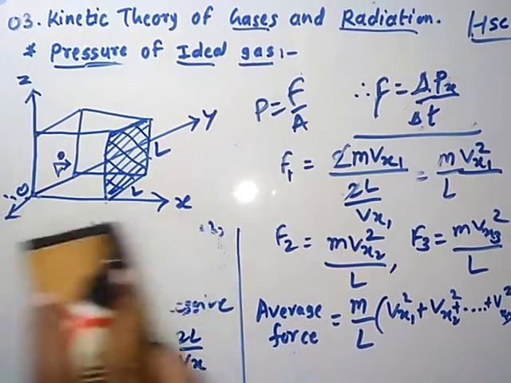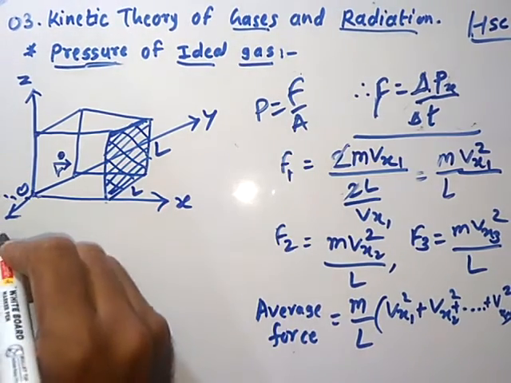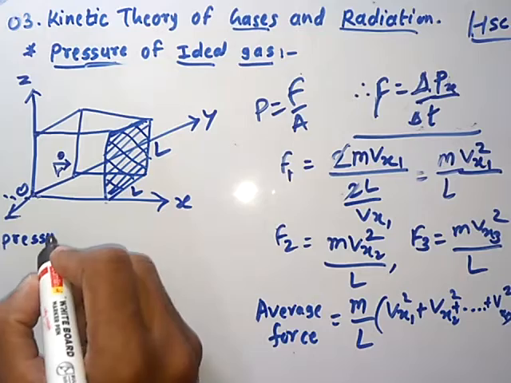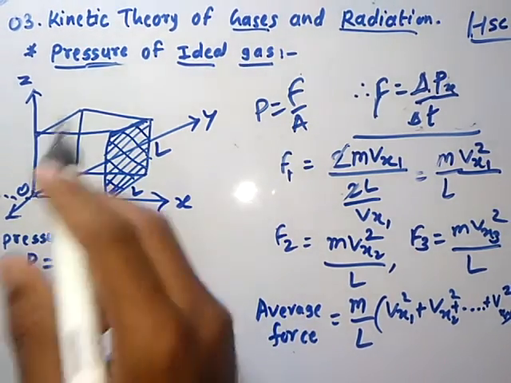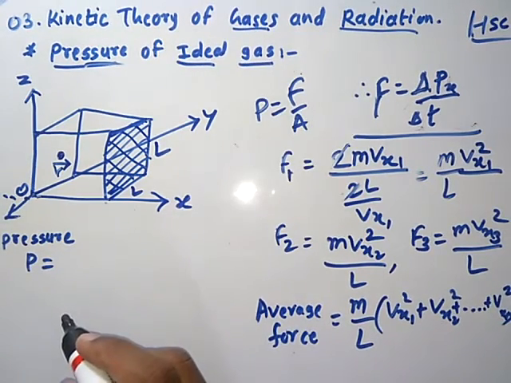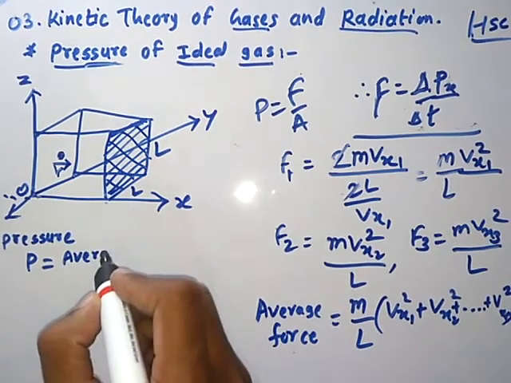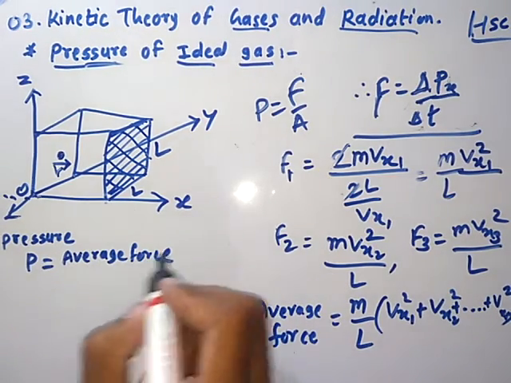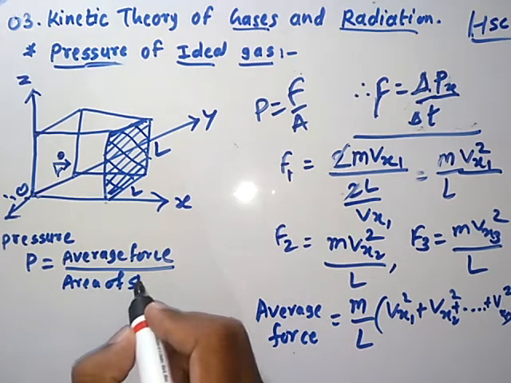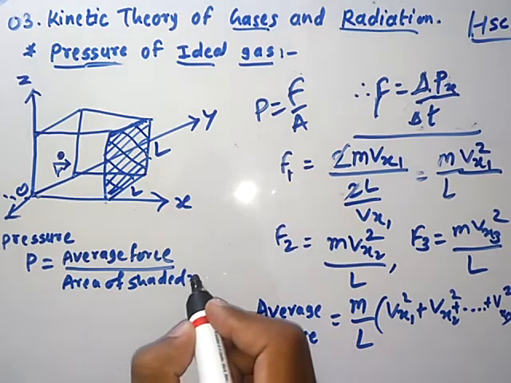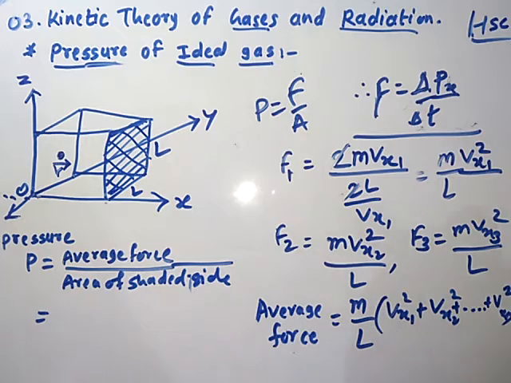Force per unit area. So the pressure P exerted by the ideal gas on the walls of the chamber is equal to average force divided by area of the shaded side. The average force is equal to this quantity.